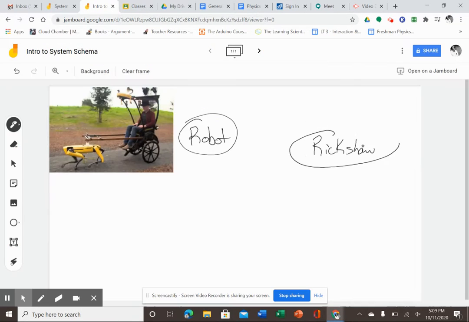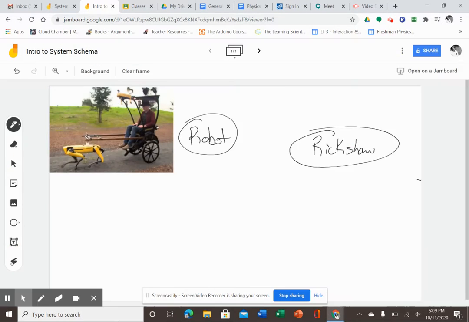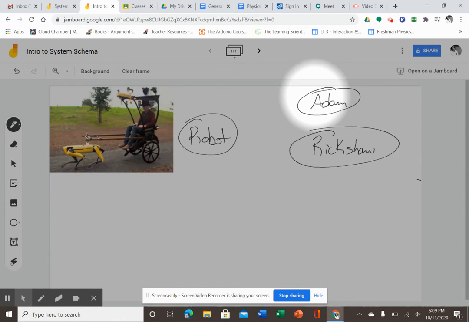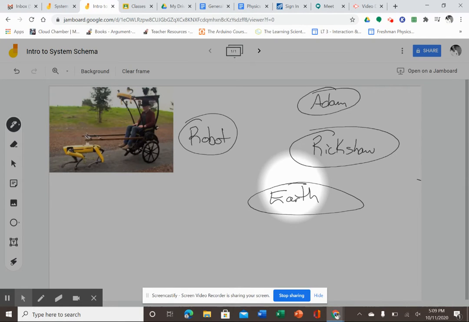Rickshaw, circle it. Then I'm going to say Adam up there, Adam with a circle. And then the last thing that's interacting I'm going to include is the Earth. Down on the bottom, Earth, circle. So those are the different things that are interacting.